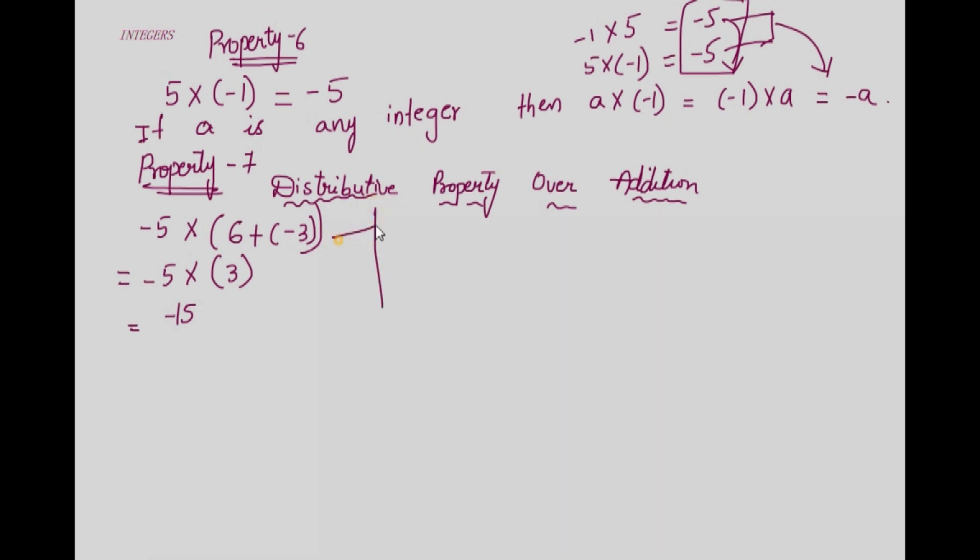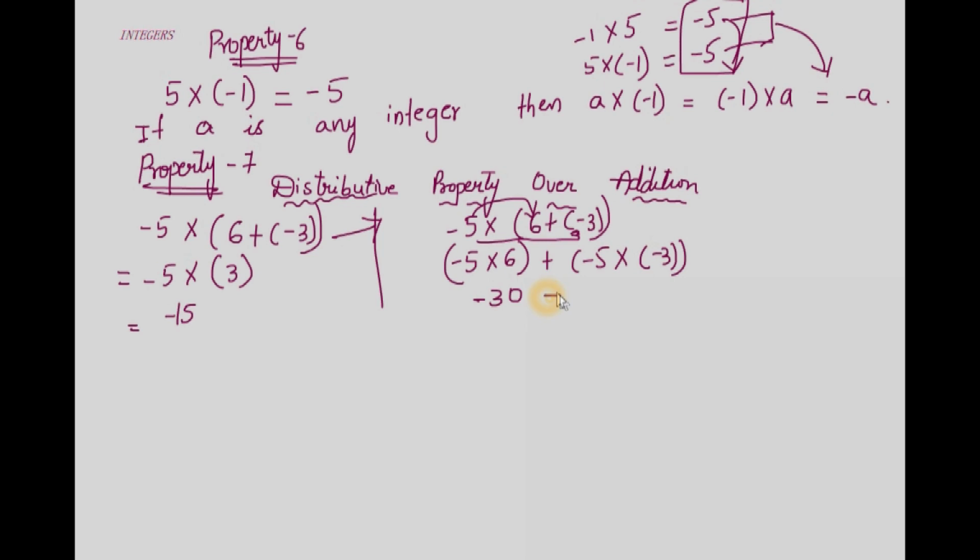Also, we can write this in another form. Minus 5 into 6 plus minus 3. We can write this like this. Minus 5 into 6, and here the symbol is plus, and next minus 5 into minus 3. 5 into 6 is 30, and minus into plus is minus.